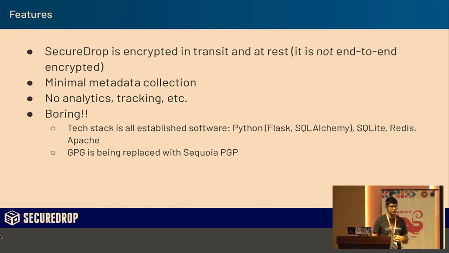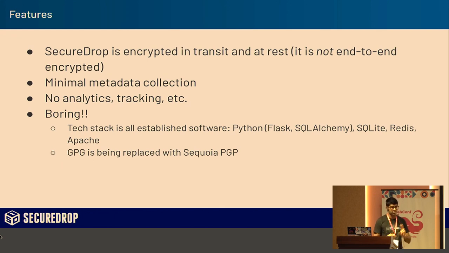SecureDrop has pretty minimal metadata collection. We try to minimize all the metadata that comes in. There's only very specific things that we collect, such as when it was submitted, and that's really it. And there are a few places where we cannot minimize the metadata, and so then we obscure or fake extra metadata to overwrite stuff.